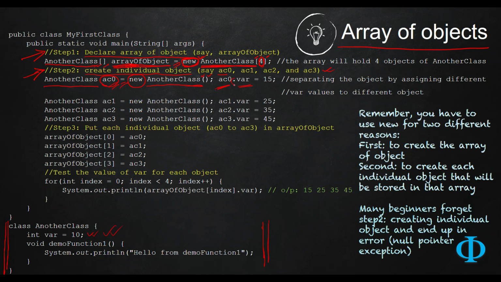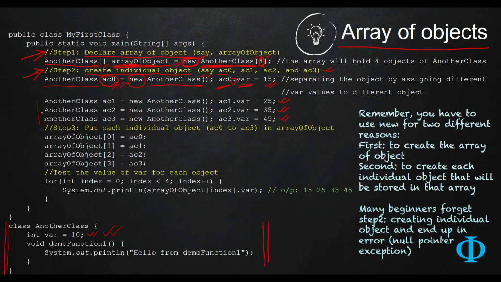Then I have used a dot operator followed by the name of the variable var. Then I have assigned a value 15 to the var variable of AC0. The same way, I have created an object and changed the var variable's value of other objects also, like this AC1, then AC2, AC3.